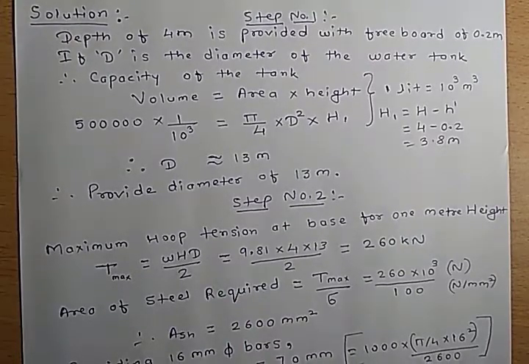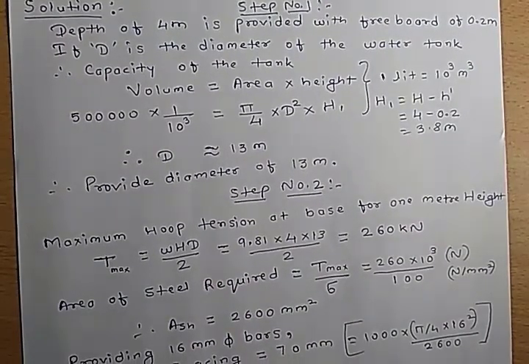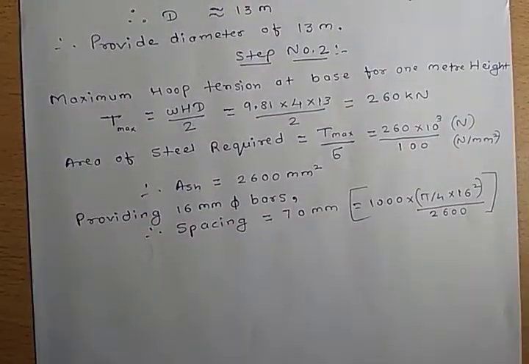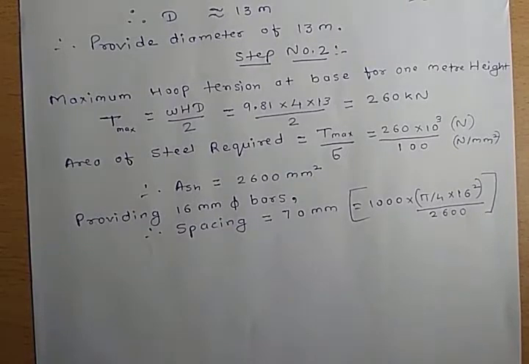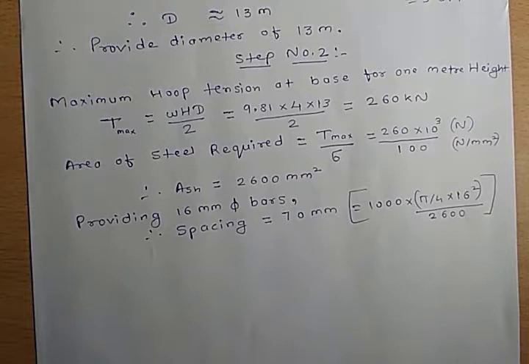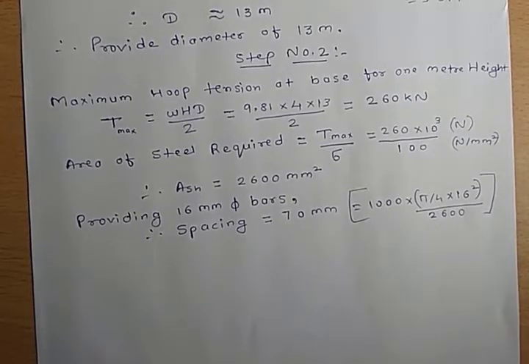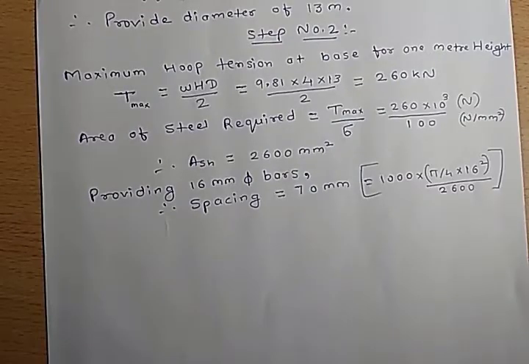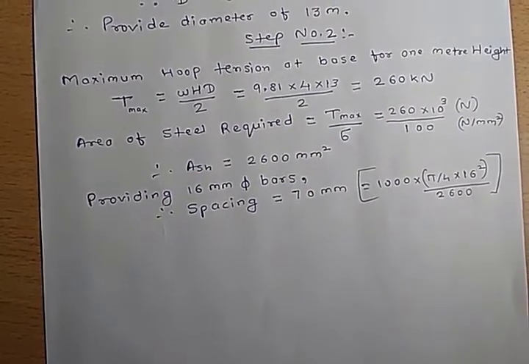Once we got this D, we went through step number 2, where maximum hoop tension at the base is calculated, and from that we have also calculated the area of steel required. Accordingly, if we provide 16 mm diameter bar, then we can provide the spacing at 70 mm center to center.